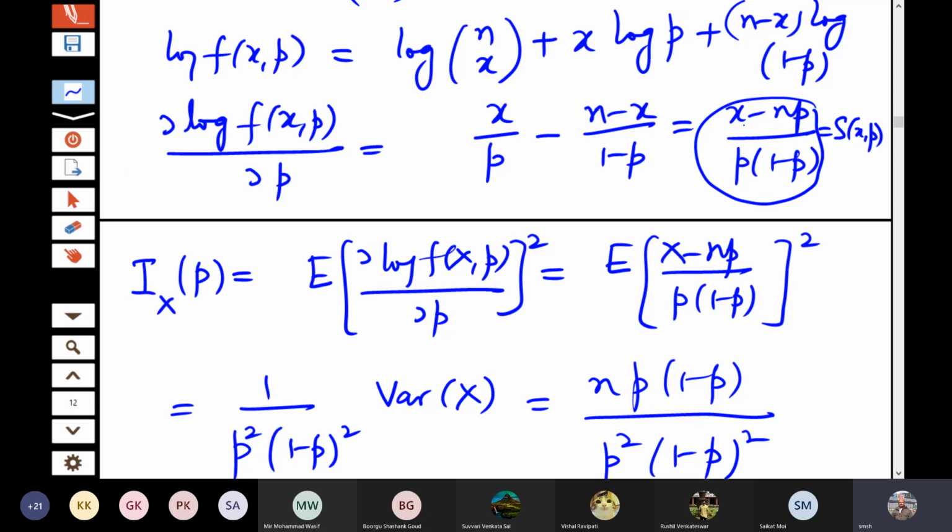So delta x, if I am taking x by n, then x by n and S_X(p) are linearly related with probability 1. So from here also you can conclude that any linear function of x will be the UMVUE of its expectation.